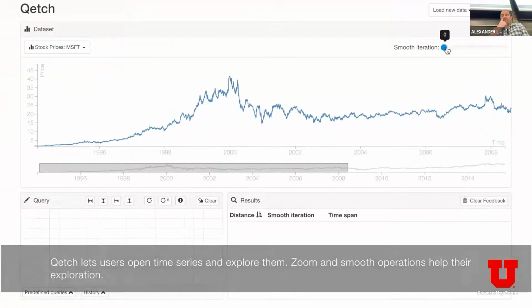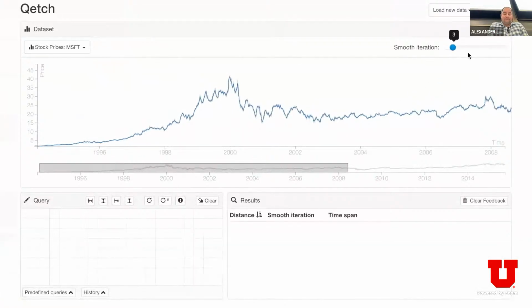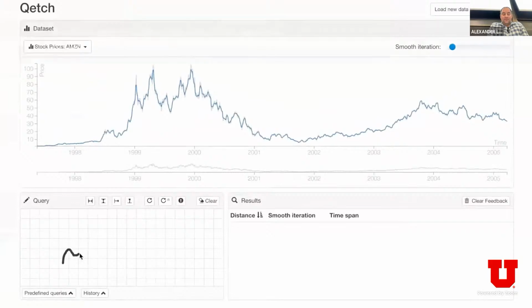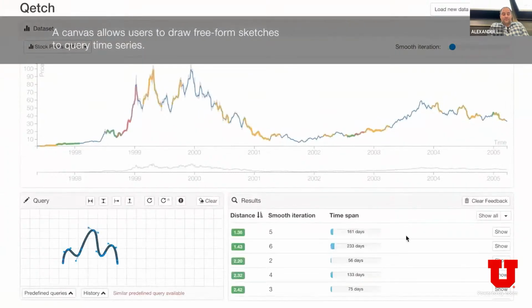So this is just a dynamic time series visualization here. And now I can draw queries.